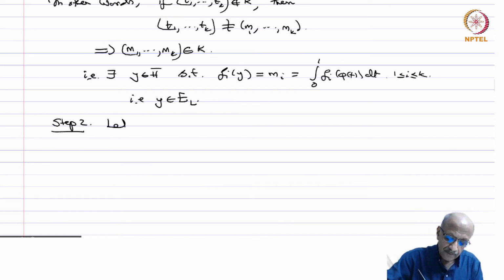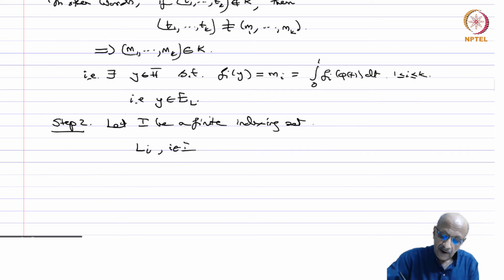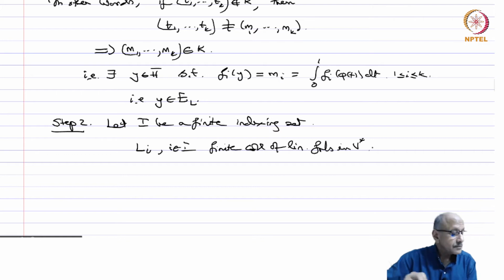so let I be a finite indexing set. Okay. And then you take Li for i in I, a finite collection of linear functionals in V star. Then you take L equals the union over i in I of Li.